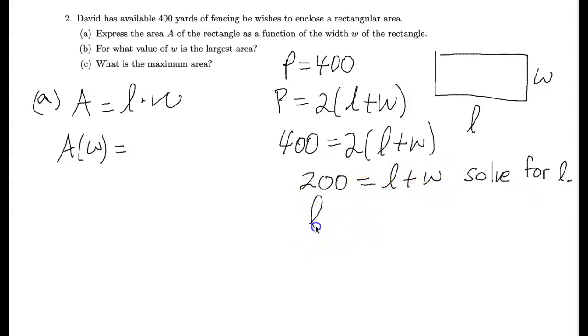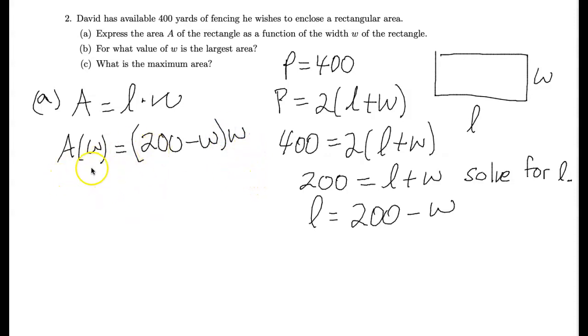So then L will equal 200 minus W, and plugging this into my area formula, we'll have 200 minus W times W. And this is my answer for part A. You can also distribute the W if you'd like, and I'm going to put the exponents in decreasing order.